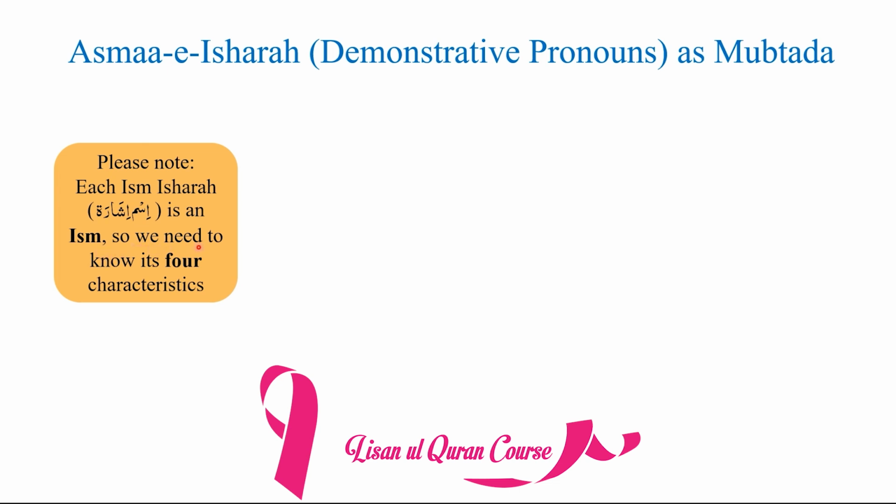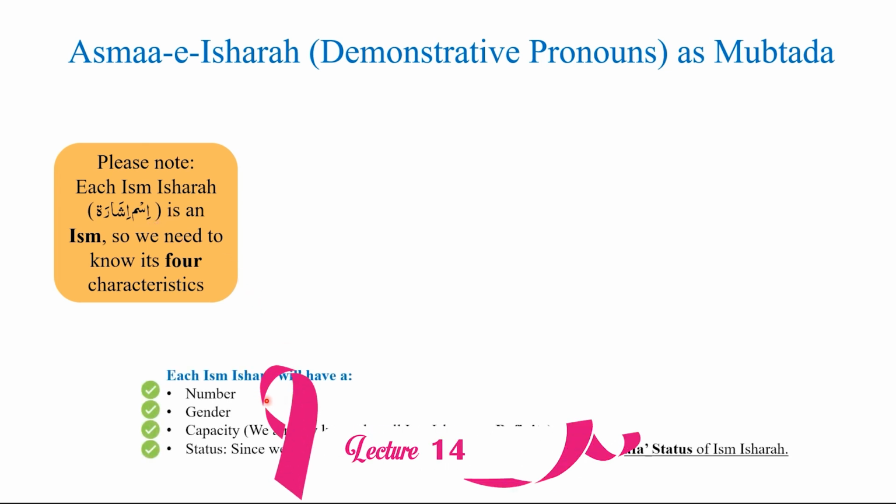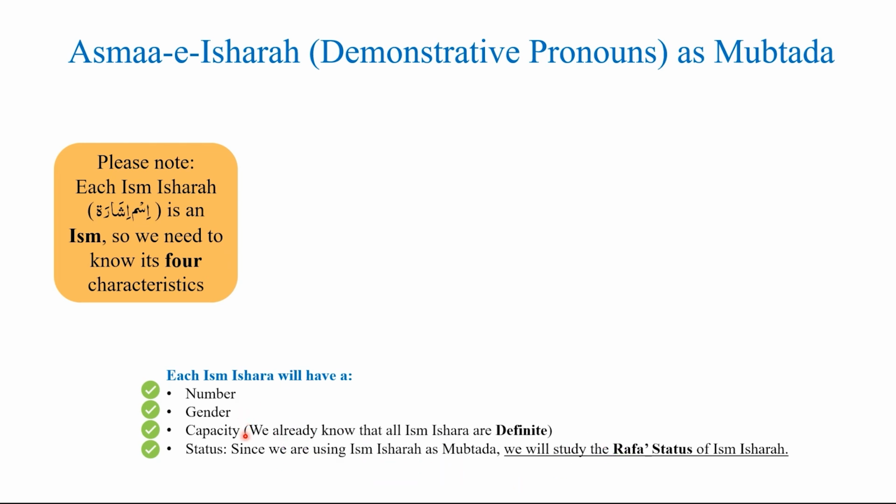So we need to know the 4 characteristics of each ism ishara. Therefore, for Asma Ishara, for each case, we will need to know the number, we will need to know the gender, we will need to know the capacity. And for Asma Ishara, we already know that they are all definite. Why are they definite in capacity? Because Asma Ishara are included in the 7 categories of definite Asma.